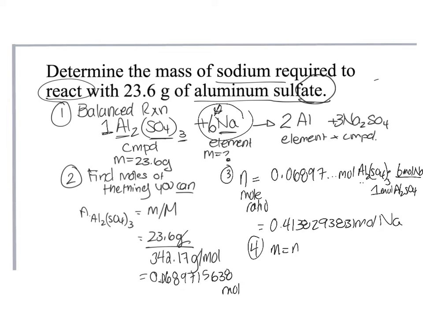So to figure out the mass, we would do the number of moles times the molar mass. And the molar mass of sodium is, I'm just going to check, I think it is 22.99 grams per mole. So now we take this and multiply it by 22.99.